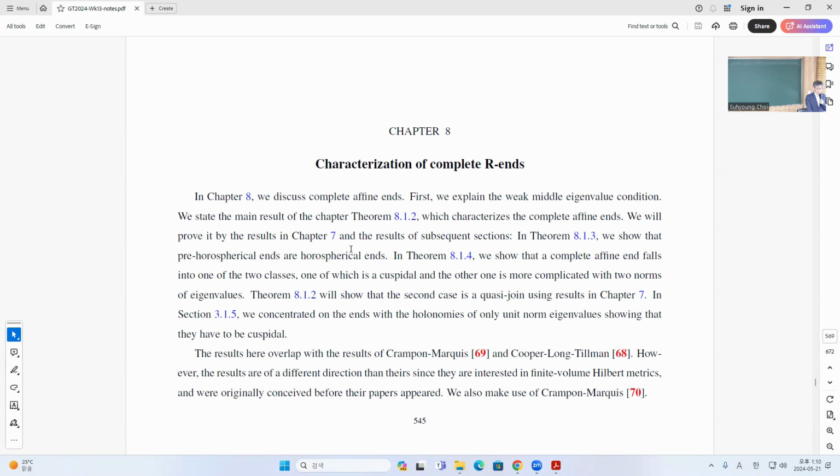First we show that pre-horospherical ends are horospherical. Then in 8.14 we show that the complete affine Rn falls into two classes. One is this horospherical one, and the other one has two norms of eigenvalues, and then I show that it is actually a quasi-join.